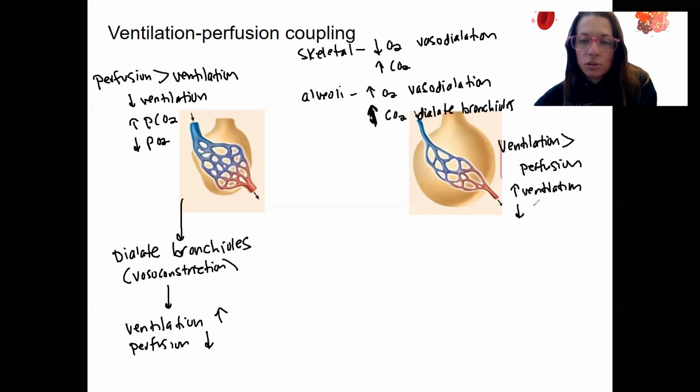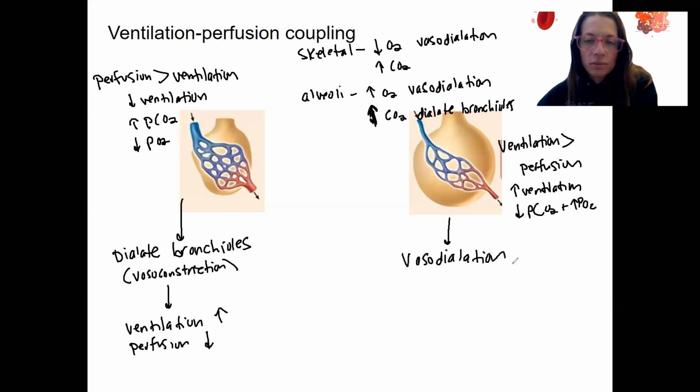It could also be due to low PCO2 and high PO2. What's going to happen? This high PO2 is going to cause vasodilation. Where is that? That's right here. That's going to cause increased blood flow through here.